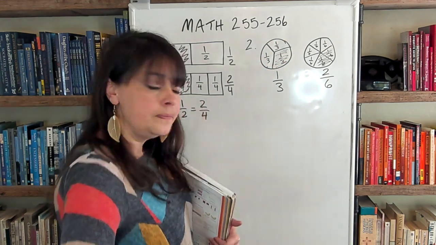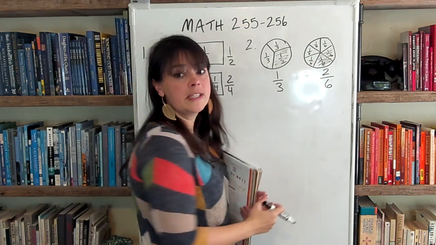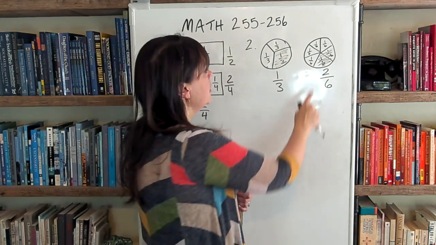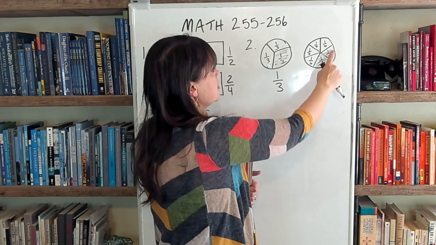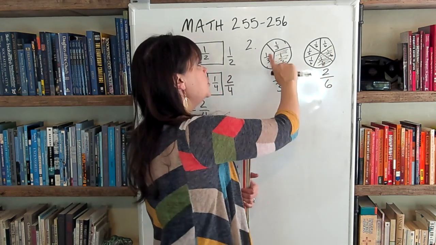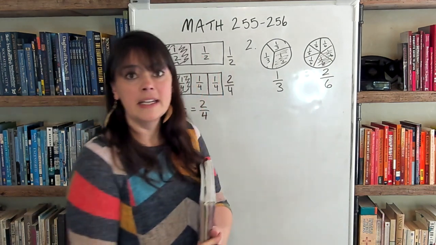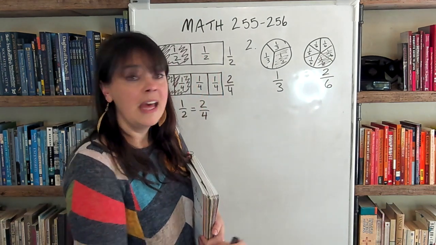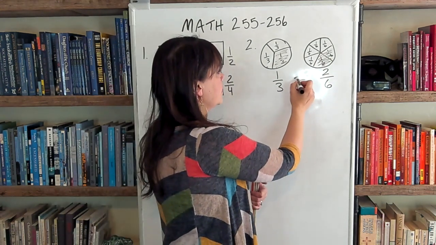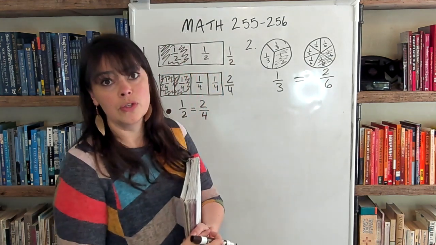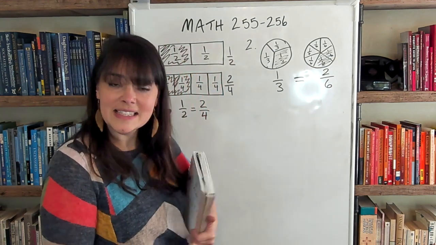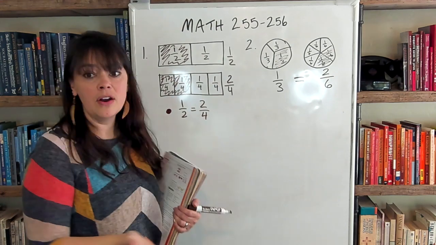And the second circle is partitioned into sixths, okay? 1/6, 1/6, 1/6, 1/6, 1/6, 1/6. But the shaded part, 1/3 is shaded, 2/6 are shaded. And can you see? That is the same. 1/3 is equal to 2/6. Isn't that interesting?